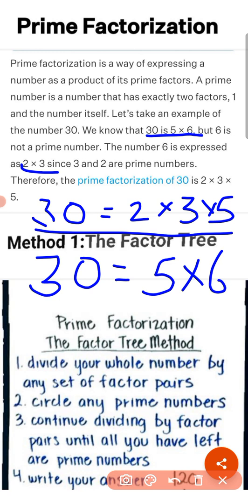Since 6 is not a prime number, we are factorizing 6 as 2 into 3. So our final answer is 2 into 3 into 5. Always write it in ascending order. Let me explain this, children.